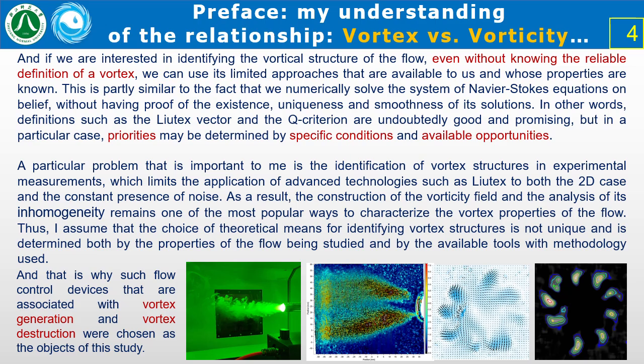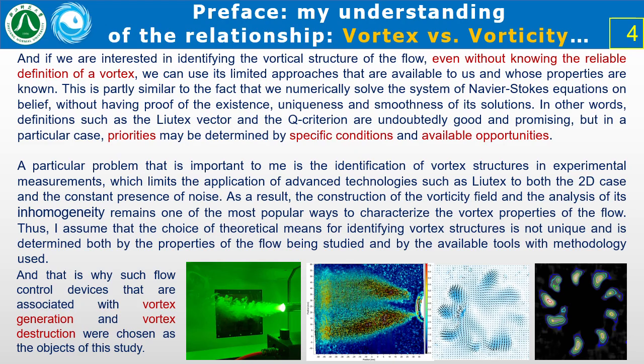In other words, definitions such as the vortex vector and the Q criterion are undoubtedly good and promising, but in a particular case, priorities may be determined by specific conditions and available opportunities.